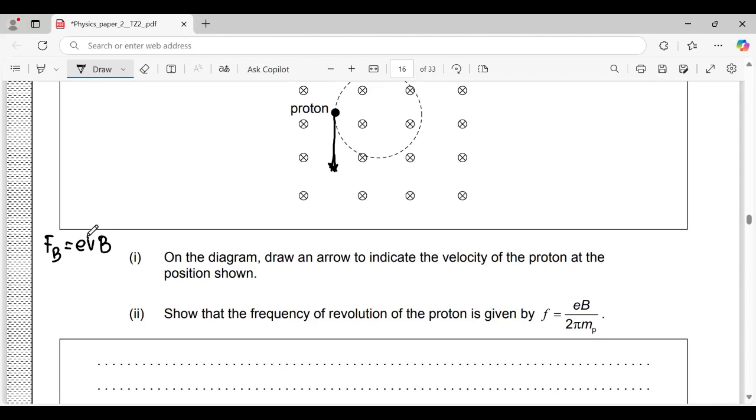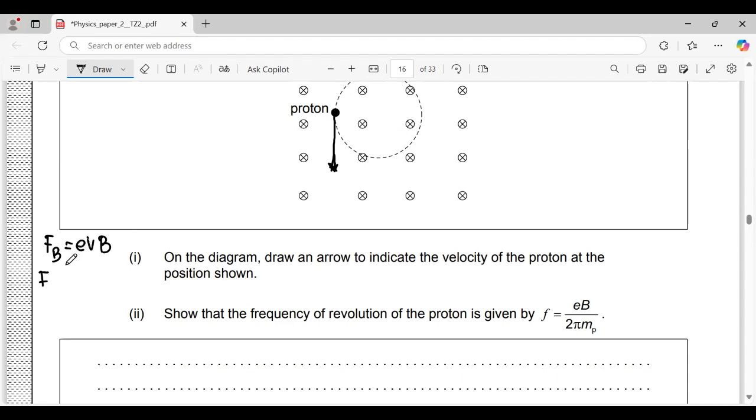e is the proton charge, v is the velocity of this proton, while B is the magnetic flux density. And then the centripetal force F is the force required to keep the proton moving on this circular path.